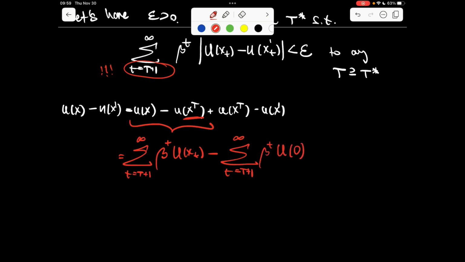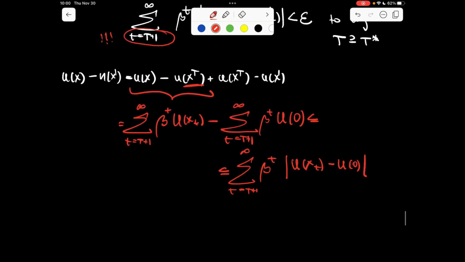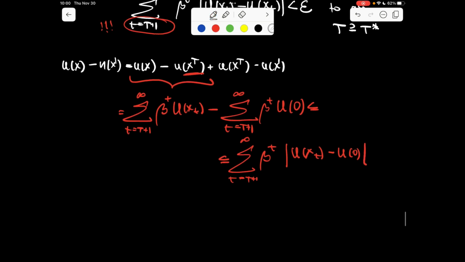This is the zero sequence, which, as always, cannot be higher than this sum.